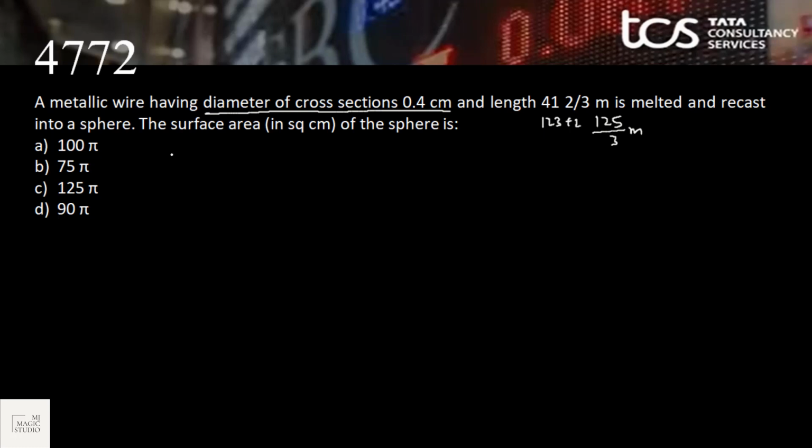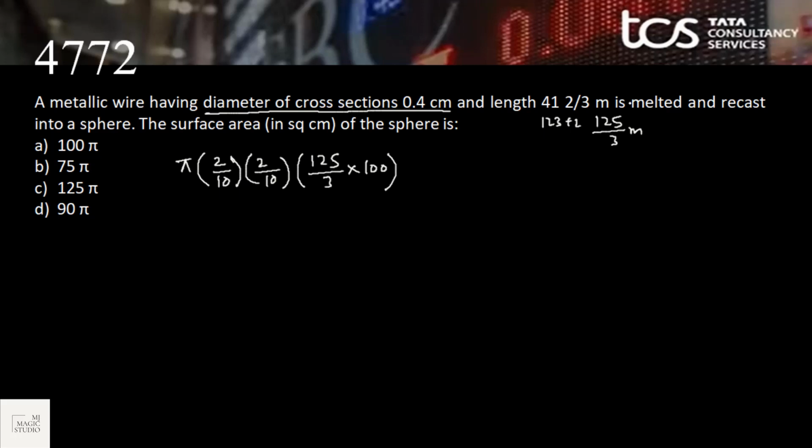So the volume of a cylinder is pi r square h. So r is 0.2, pi r square h. H is in meter, 125 by 3, let it be multiplied by 100. So now everything is in centimeter.